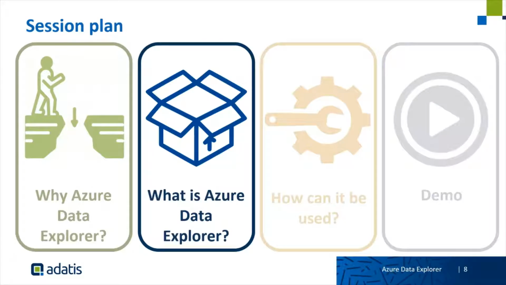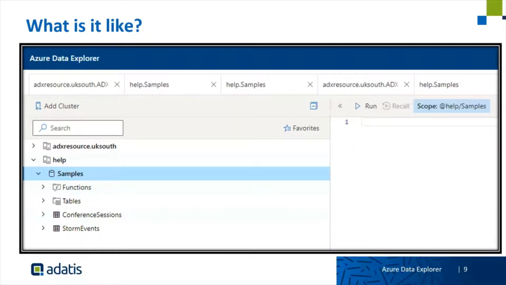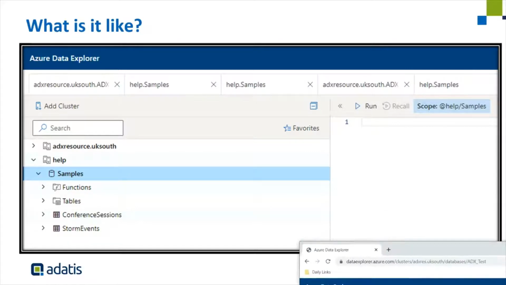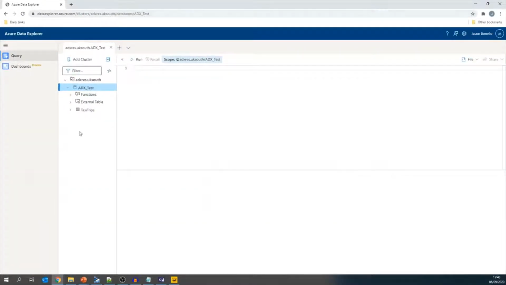So in the next section, we'll have a look at what is Azure Data Explorer. Anyone who has used SQL Server Management Studio will find this a very familiar structure. If we have a look here, on the left we have the database and the tables inside.